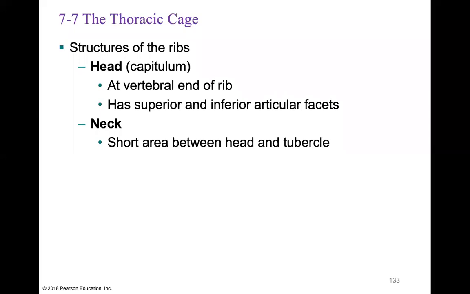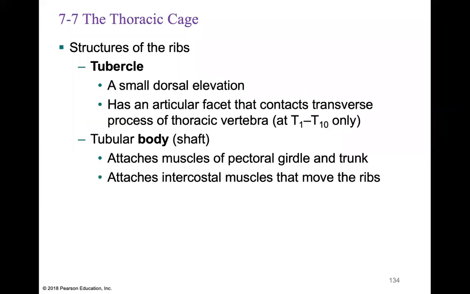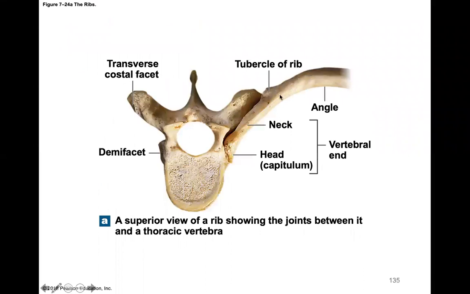The tubercle is actually going to attach to the cartilage end, which will attach to the breastbone. And if we look at the rib here, you can sort of see the head right here, which is attached directly to the thoracic vertebrae.